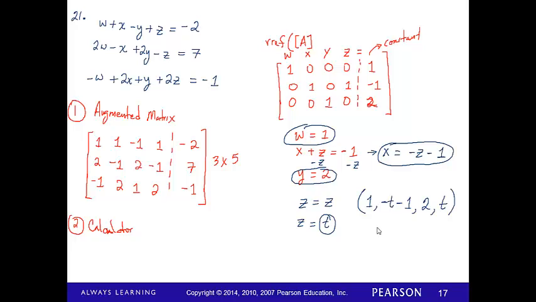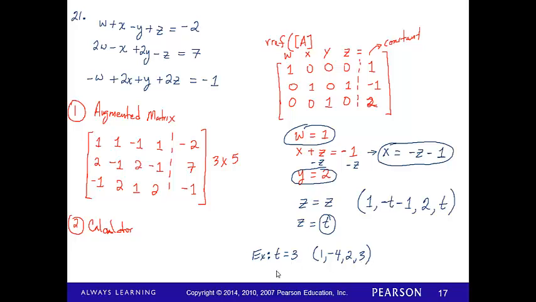So let's say T was equal to, for example, let's say T was equal to 3. Well, in that case, our solution would be 1, and then we'll put 3 in for T, and we'll get a negative 4 for X. Y is still going to be 2, and then Z would actually be 3.